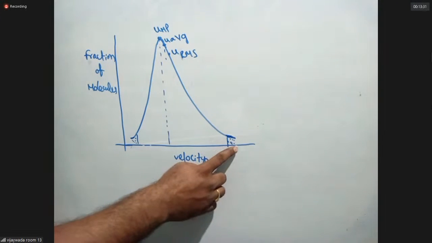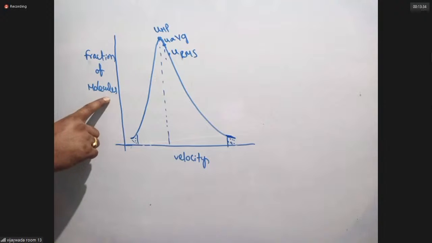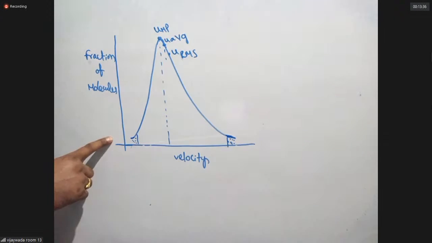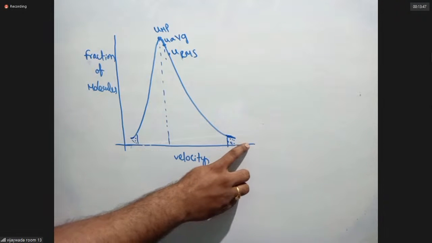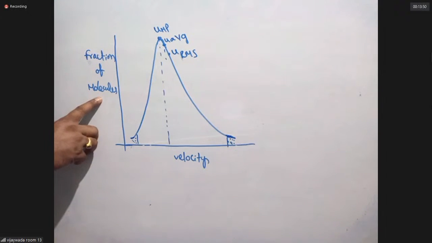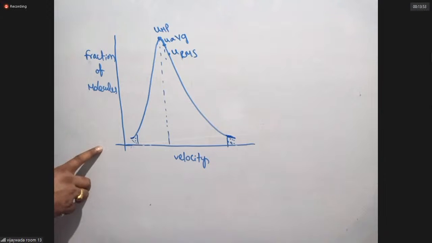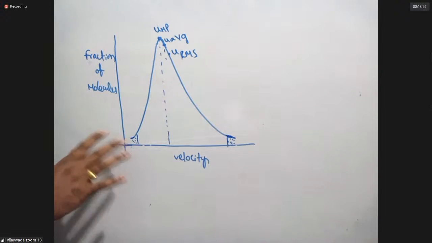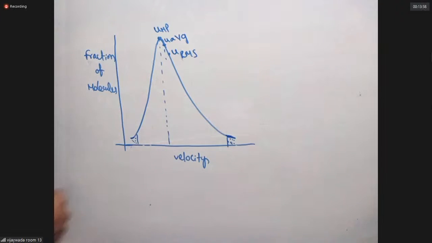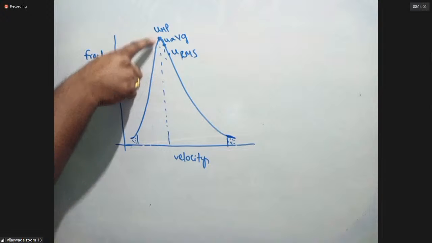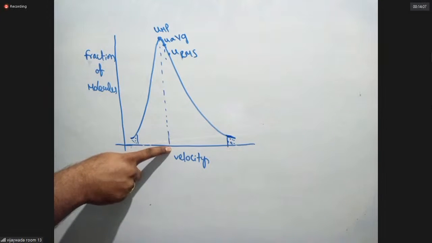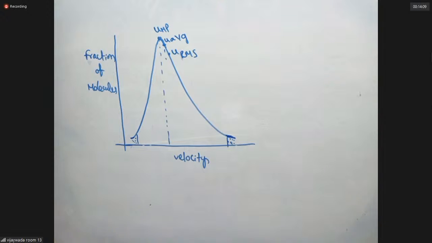If the curve touched the x-axis, the fraction of molecules would become zero at that velocity, so it never touches. After the peak, the peak represents most probable velocity, next average velocity, next RMS velocity.